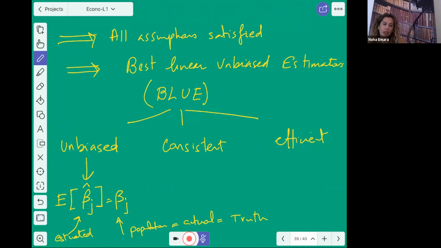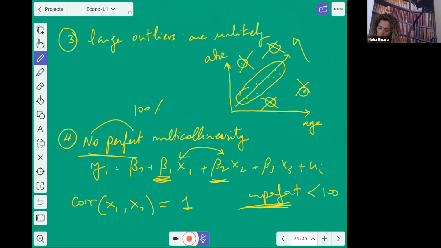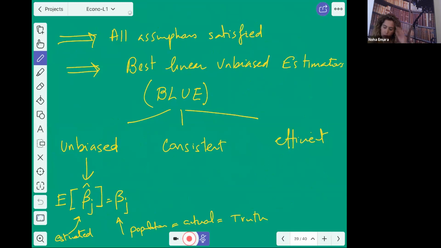So unbiased means that the coefficient that I estimated is equal to the truth. I want you to repeat this for each and every beta you see. I'm saying beta j, but you can repeat this for the intercept, beta naught, partial slope 1, partial slope 2, partial slope 3, and partial slope k. So this is number one: unbiased means that the expectation is equal to the truth.